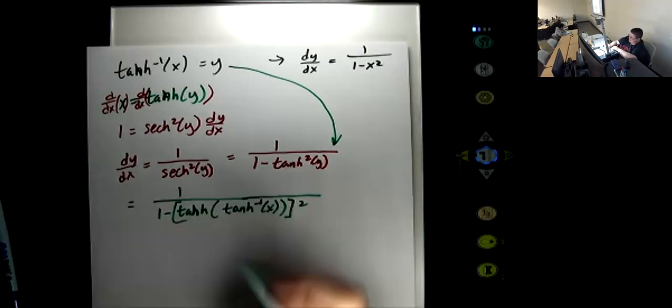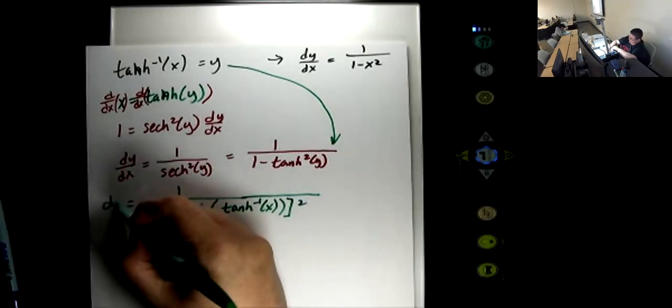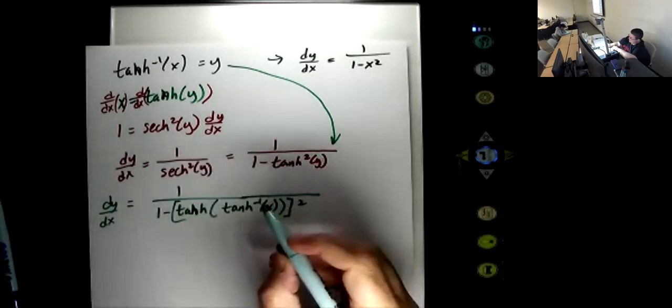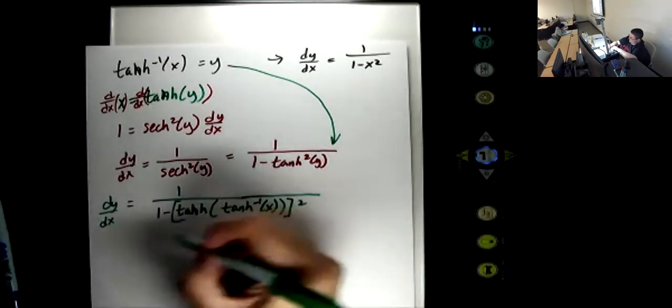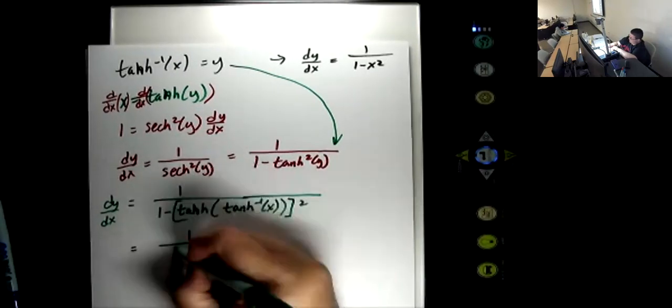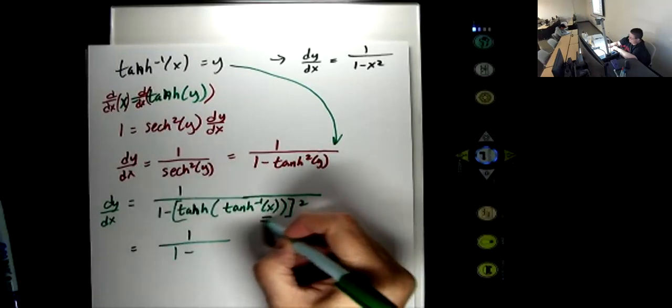So the hyperbolic tangent and the hyperbolic tangent inverse cancel each other out. We get 1 over 1 minus, all we're left with is the x, and it's squared.